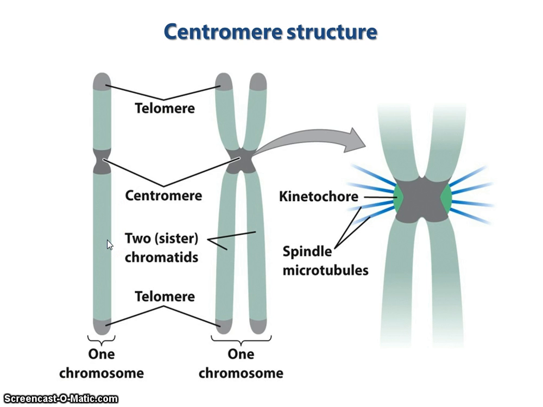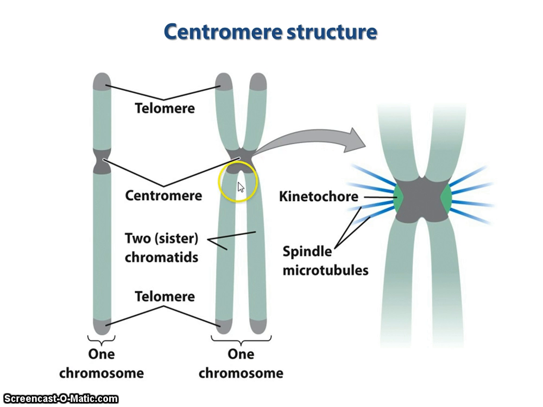So the centromere in and of itself is kind of difficult to define. We know that in many cases it's the site of attachment for the spindle apparatus during cell division, but in other species that doesn't seem to be necessary, and we're not going to talk about that. But I want you to be aware that there is quite a bit of variation when it comes to centromere structure.